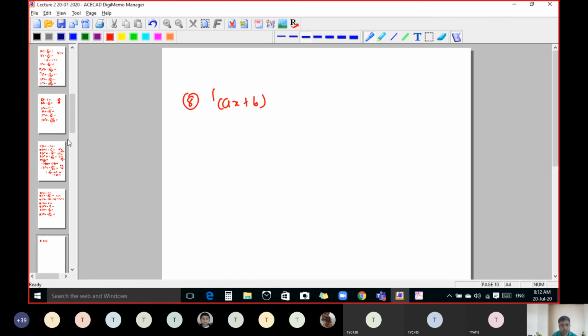So if there is a question, integration of ax plus b whole raised to n dx, the answer of that is ax plus b whole raised to n plus 1 upon n plus 1 plus c. Once again, there is a condition, n should not be minus 1.